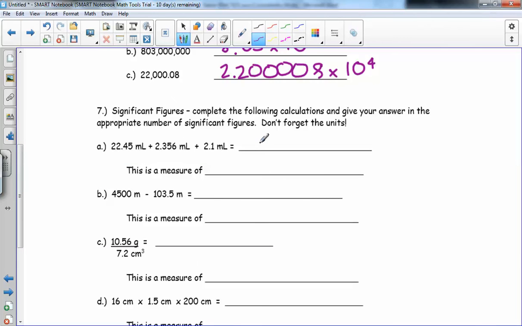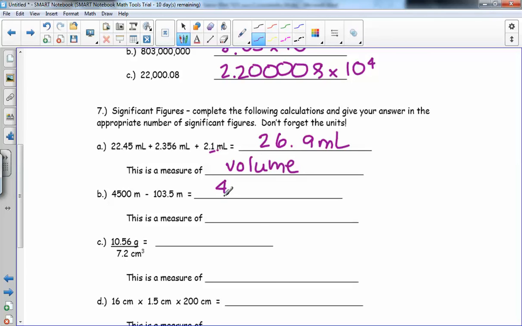And now for our addition, subtraction, multiplication, and division, and keeping, of course, our answers rounded to the appropriate number of significant figures. Here we're adding and subtracting. You can see our least precise goes to the 10th, so we also need to go to the 10th, and this is a measure of volume.